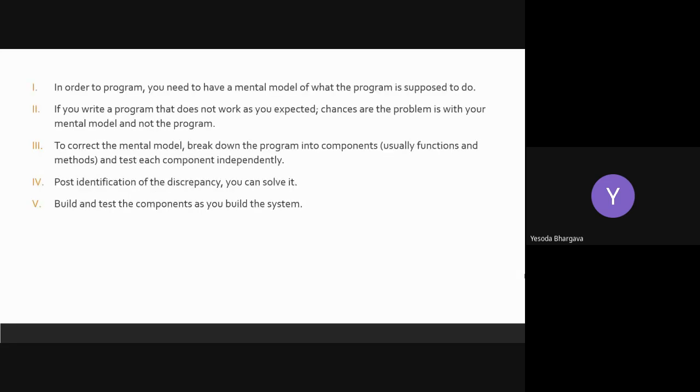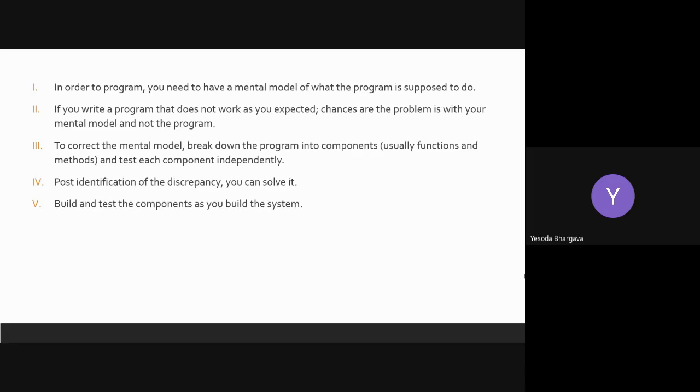But sometimes, what can happen is that in order to program, you should have a mental model of what the program is supposed to do. If you are operating in an arbitrary environment and are dependent on the output of your program rather than being the master of it and trying to understand what is happening, then it can be very challenging to narrow down the problem.